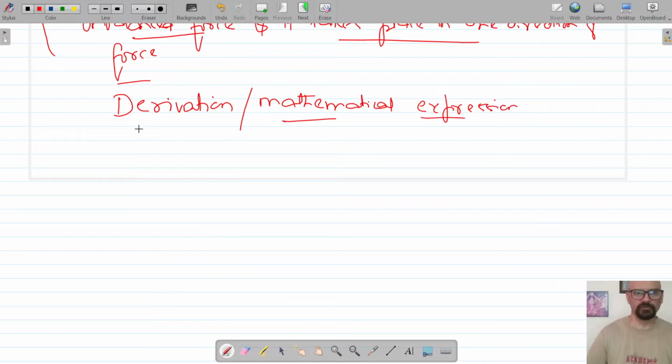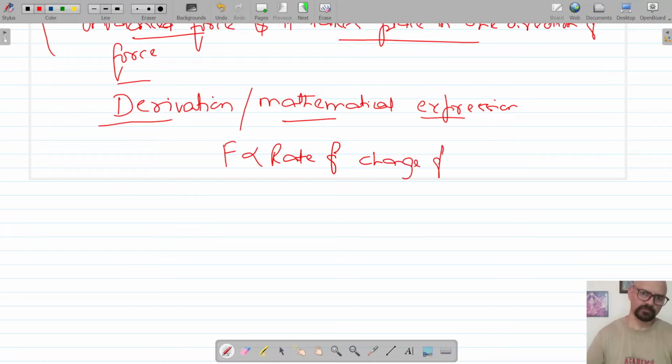Okay, now from the statement, it's given that the force is directly proportional to the rate of change of momentum. That means this unbalanced force is directly proportional to the rate.